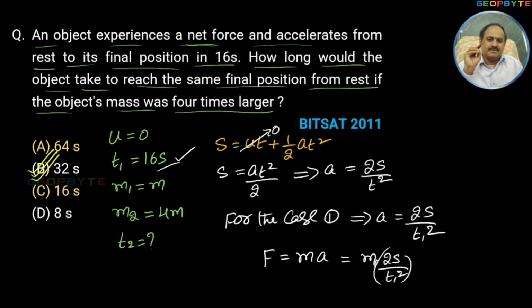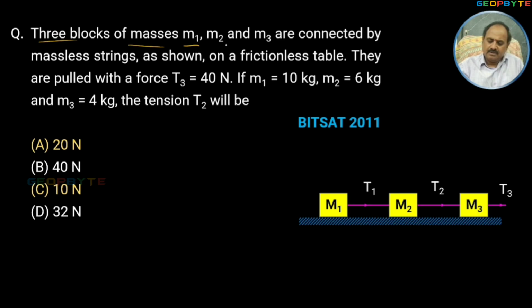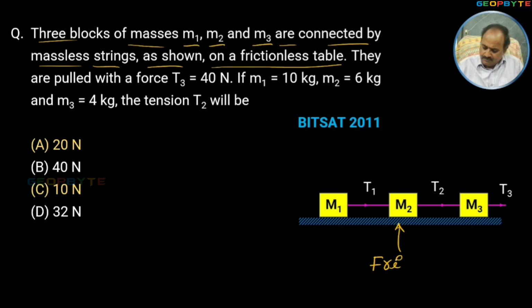Understood clearly? Yes. Similarly, let's take another important problem. Look at the screen. It is asking like this. 3 blocks of masses m1, m2 and m3 are connected by massless strings as shown on a frictionless table.